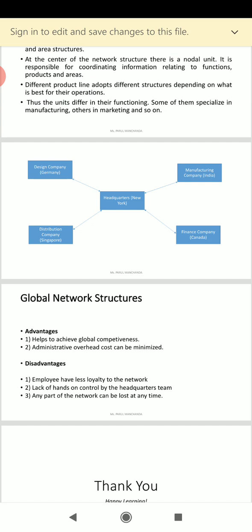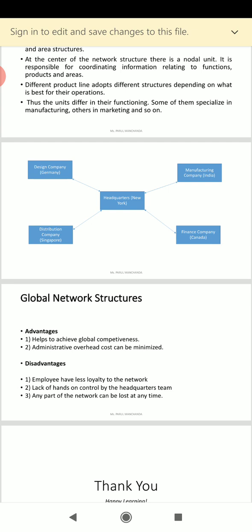And if I talk about the disadvantages, there's very little control from the headquarters team, so that is a point of concern. Employees might not be that loyal because they are virtually separated, right? It's a different kind of belongingness when people are together in one office, but this is not the case over here.